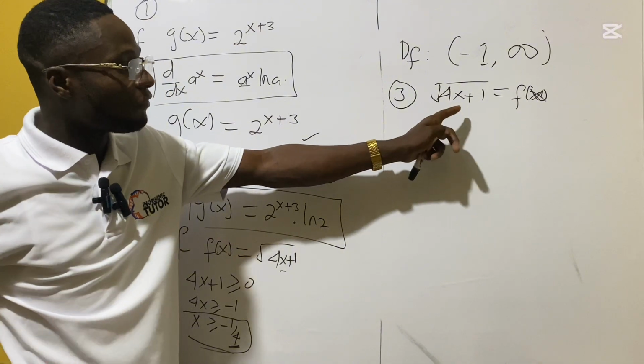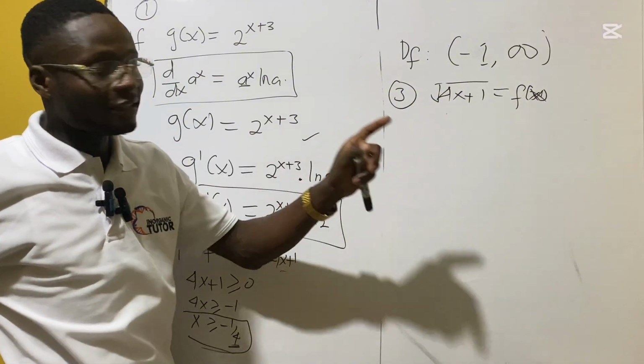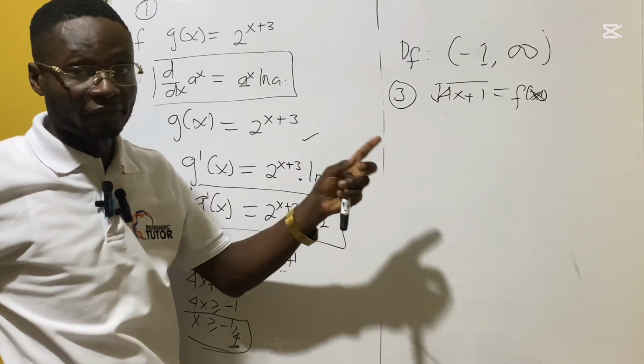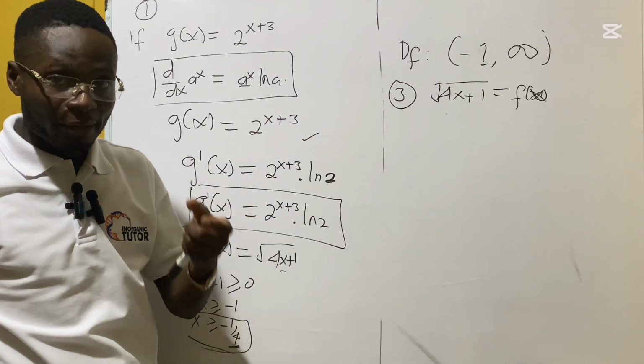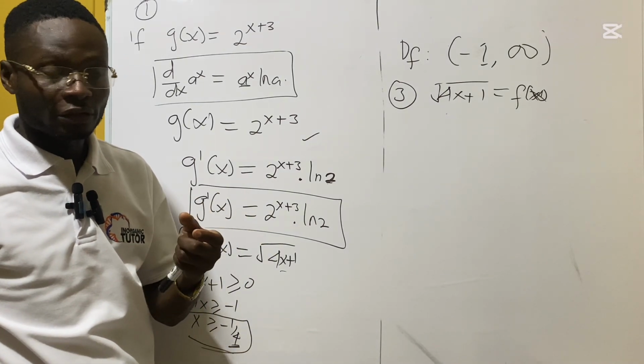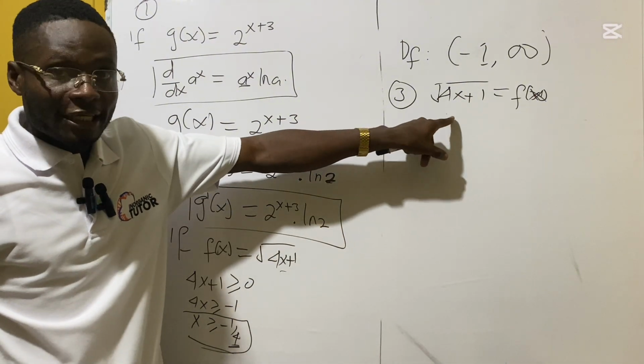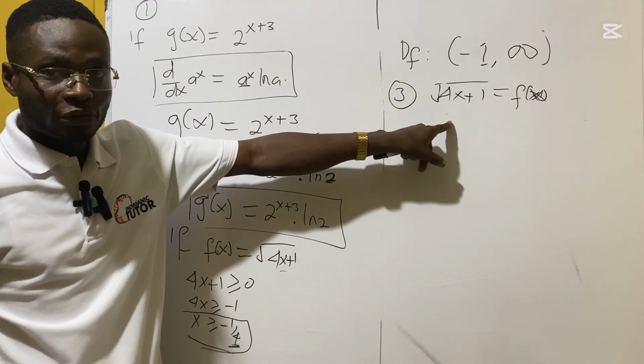From this point of view, we can see that this expression is a one-to-one function. So it satisfies the condition of becoming an inverse function, so the inverse exists.